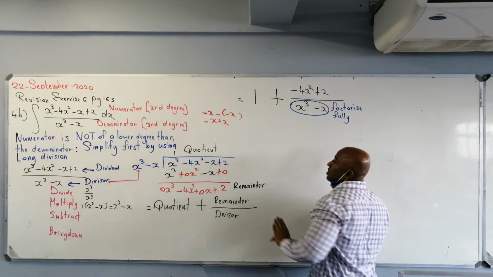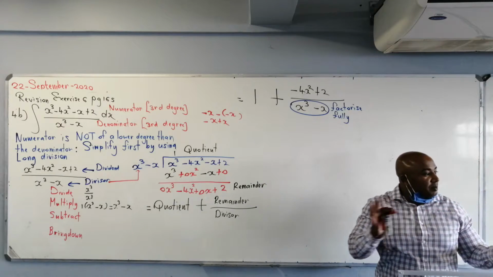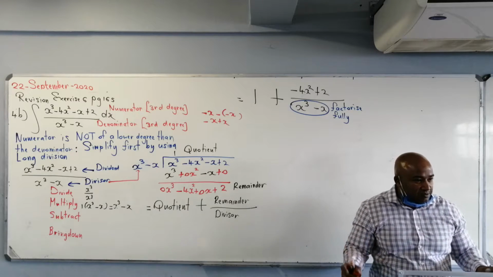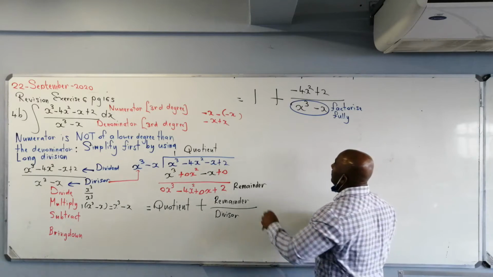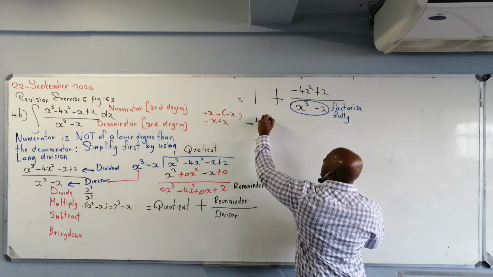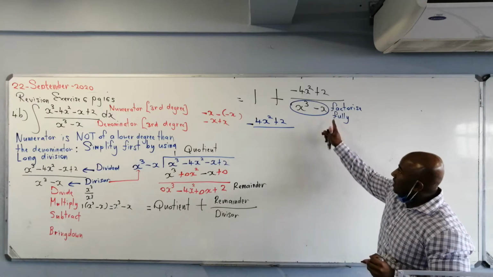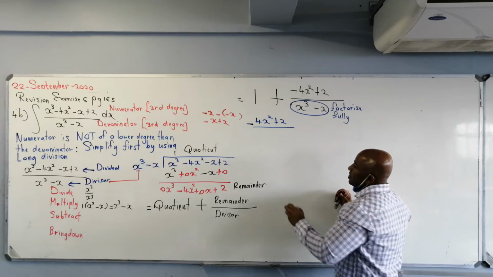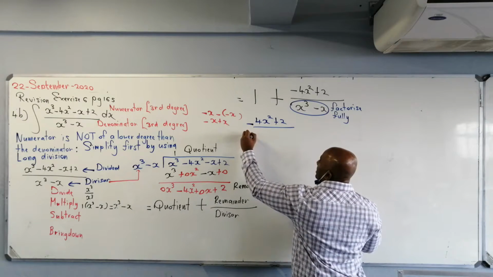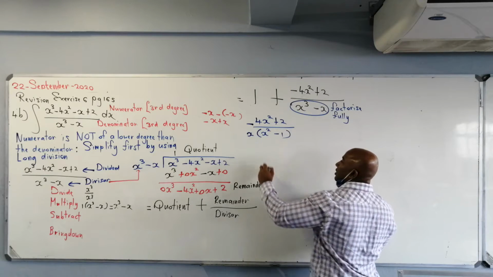Let's take this fraction and break it up into smaller fractions as partial fractions. That's exactly what we're going to do. So I've got my minus 4x squared plus 2, and now I need to factorize here. So I'll take out a common factor of x. So I'm left with x squared minus 1.